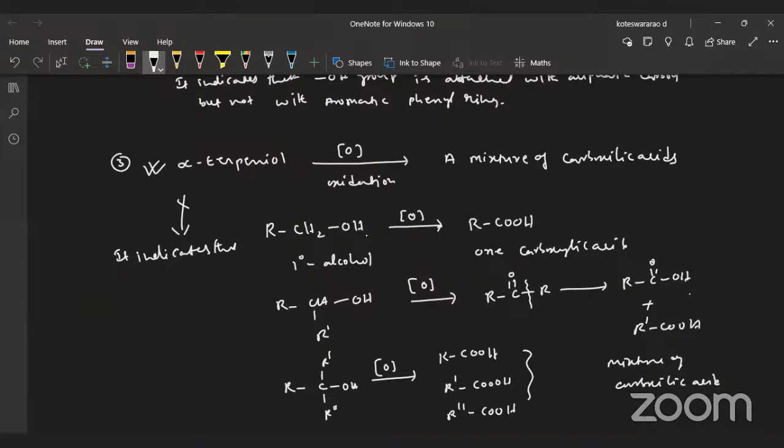Therefore, it indicates that alpha terpinol is attached with a tertiary alcoholic OH group. Now the presence of the tertiary alcohol OH group is confirmed.